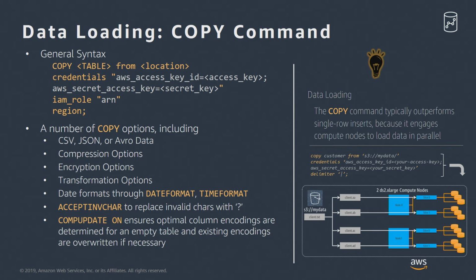So the best practices are to use this IAM role and specify an ARN, and that role will have permissions to do a load into your Redshift cluster. So definitely take the time to learn about setting that IAM role up and specifying that ARN in the copy command. And then you're going to specify the region that you're targeting for the load.